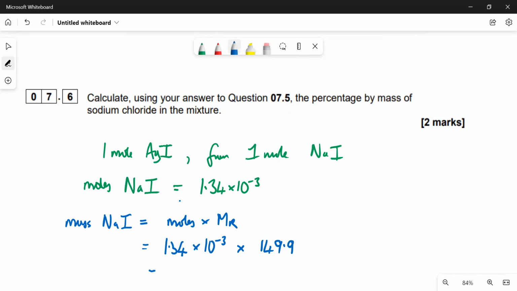Right, what's that equal to then? That is equal to 0.201 grams.